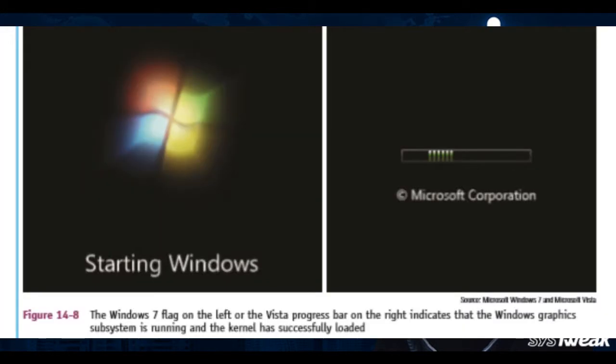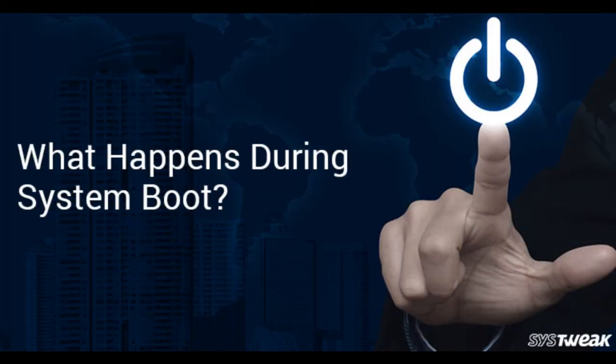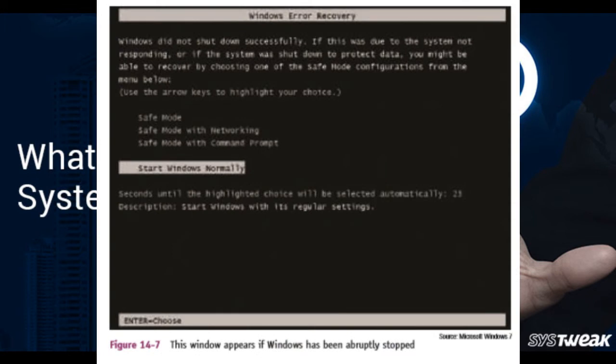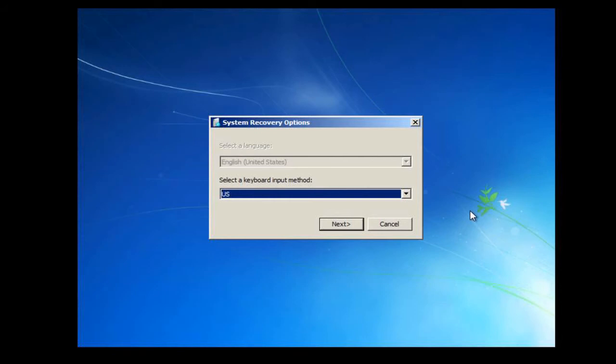C. smss.exe starts the logon manager, winlogon.exe, and reads and executes other commands stored in the registry, such as a command to replace a system file placed there by Windows Update. 7. winlogon.exe does the following: A. It starts the service control manager, services.exe. services.exe starts all services listed with the startup type of automatic in the Services console.